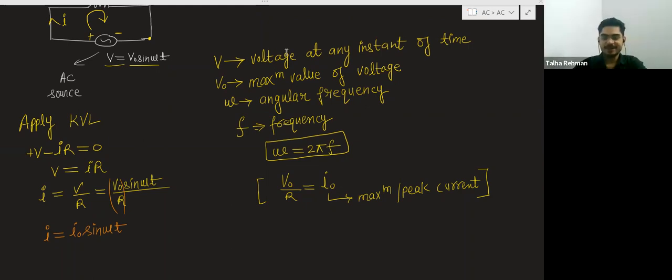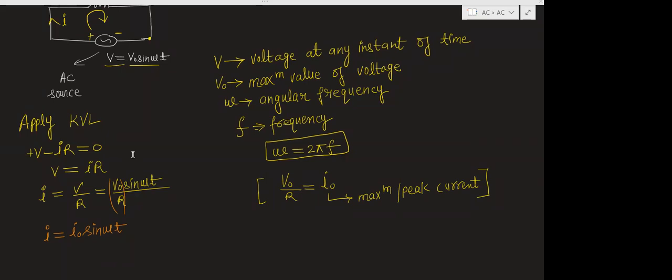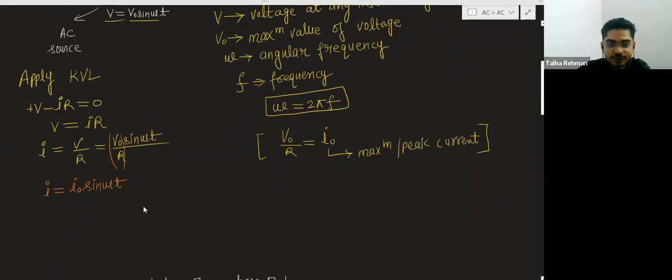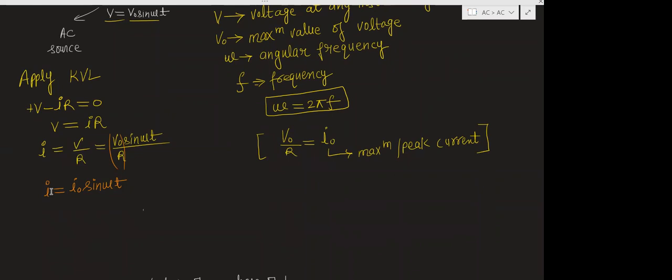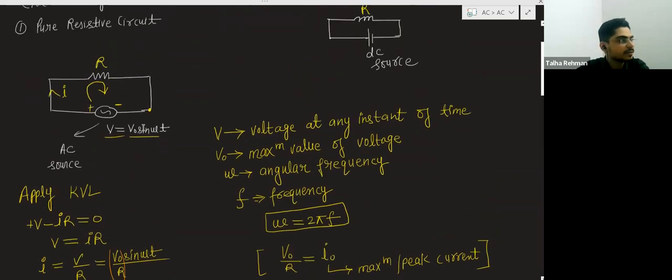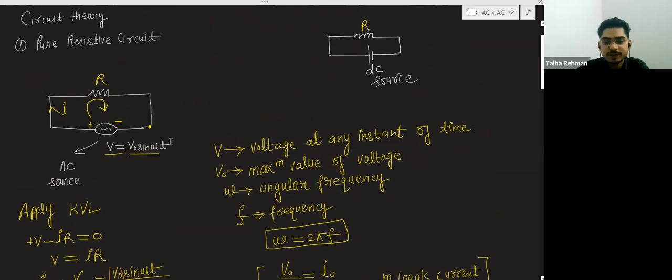Okay, so I is equal to I naught sine omega t. We get the equation of the current, and what is I? I is the current at any instant of time. Now, with the help of this equation, we can find the value of the current in this circuit.